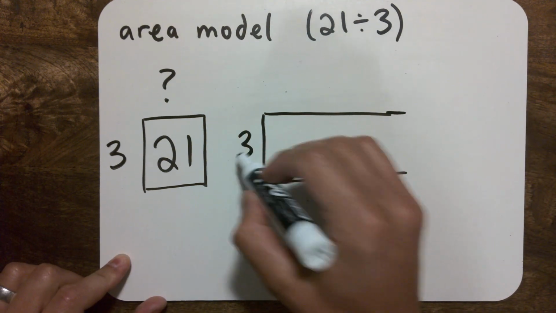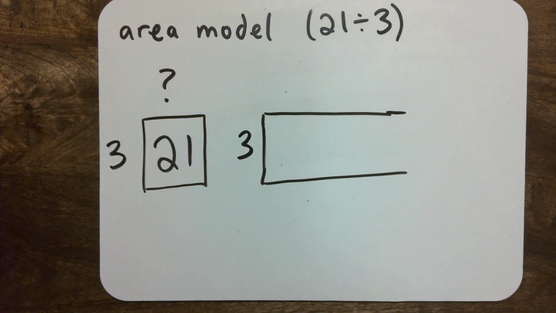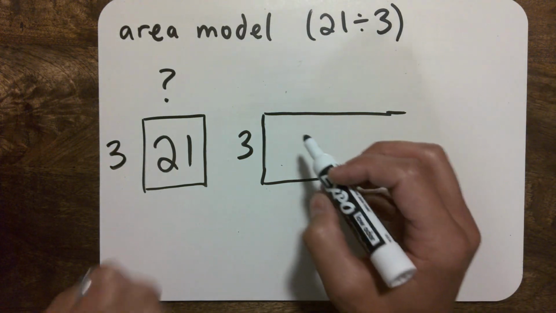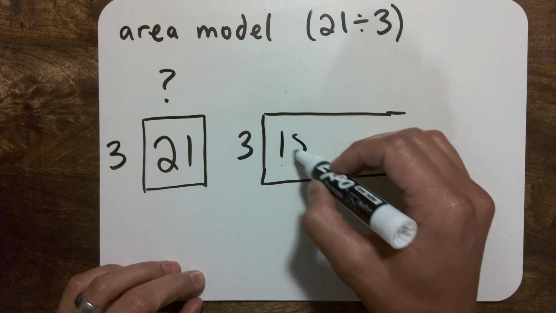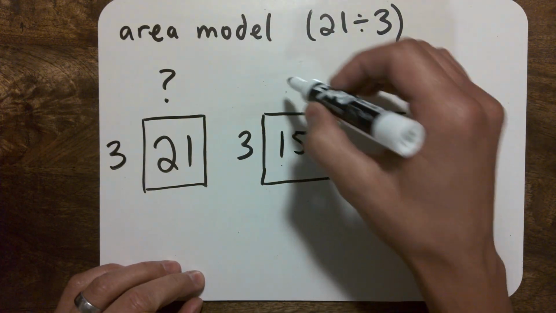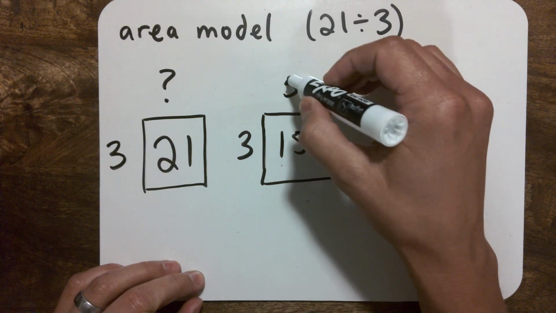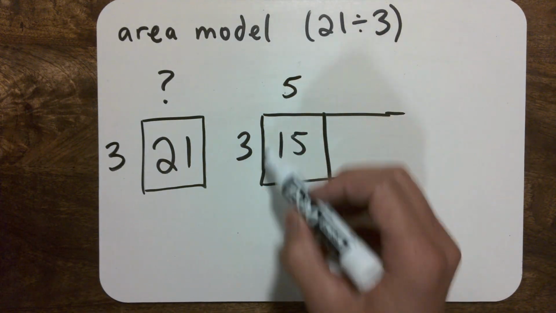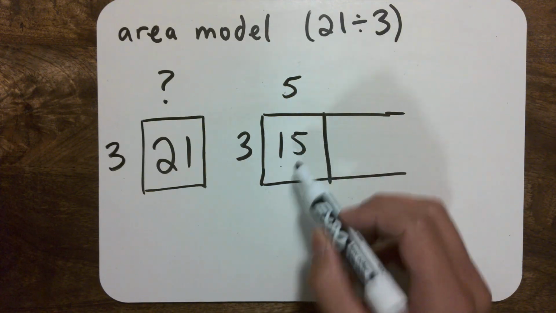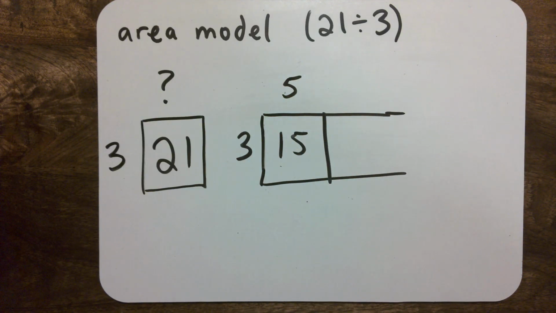Let's say I have my height of 3. And I'm doing the reverse of the box method. Okay. So maybe I know I can make an area of 15 if I have a small portion with a width of 5. Okay, so this little area that is 3 by 5 has an area of 15.